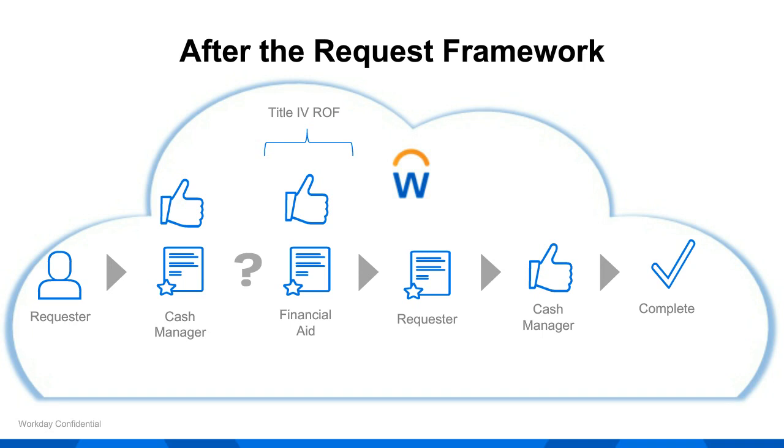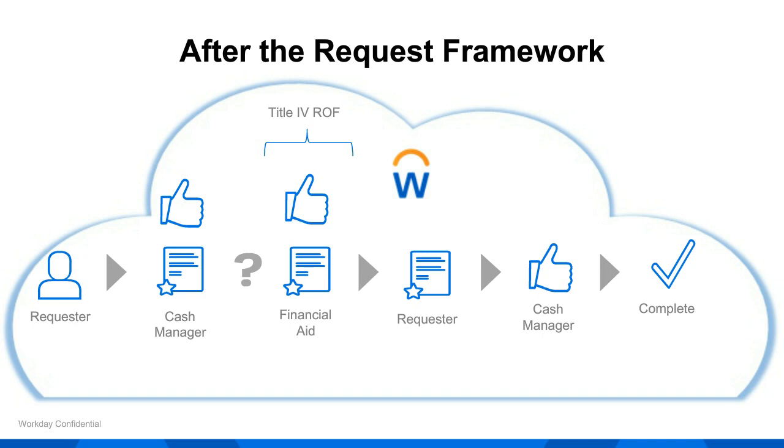Now we have a condition rule that if it's a Title IX return of funds, it would then go to the financial aid department for approval, and then they would also upload documents. But if that's not the case, then it goes back to the requester.